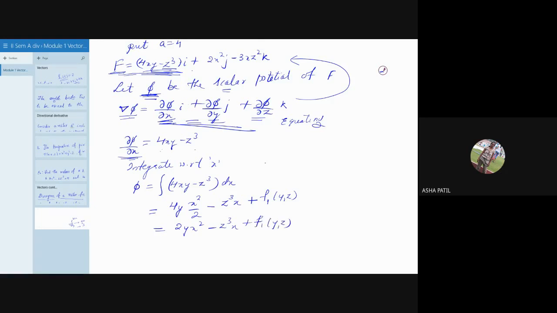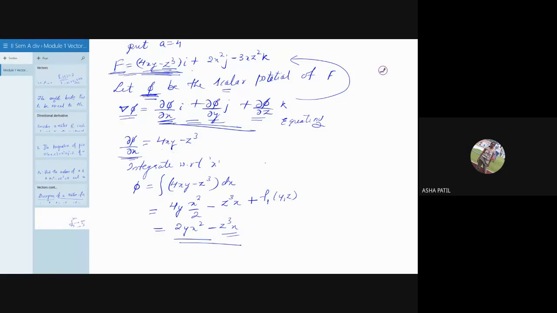Now, if you differentiate this with respect to x, what will you get? The derivative of 2y x square gives 4xy. The derivative of z cube x gives minus z cube. If only this much is there, we get dou phi by dou x as this term.